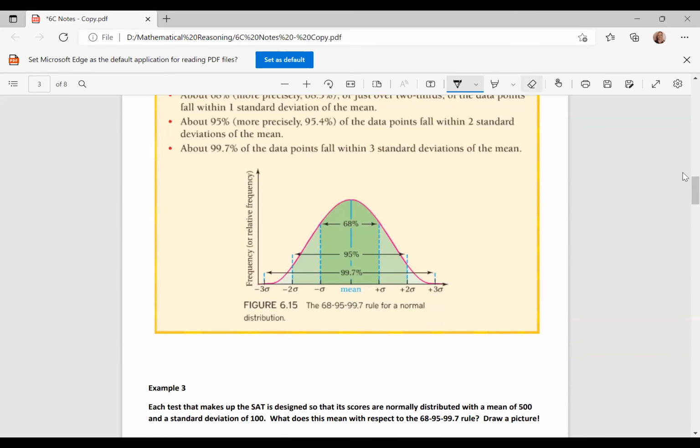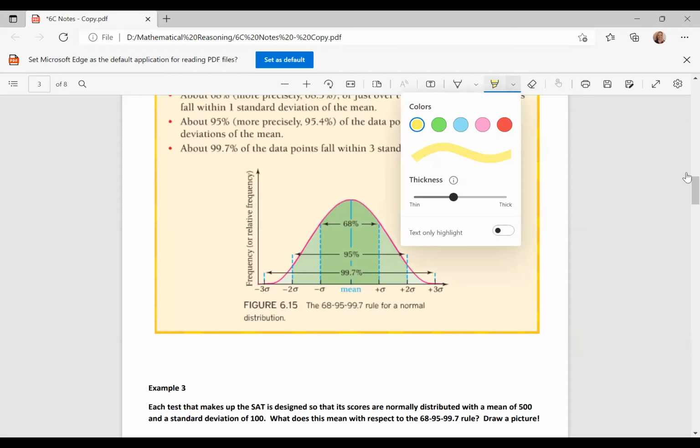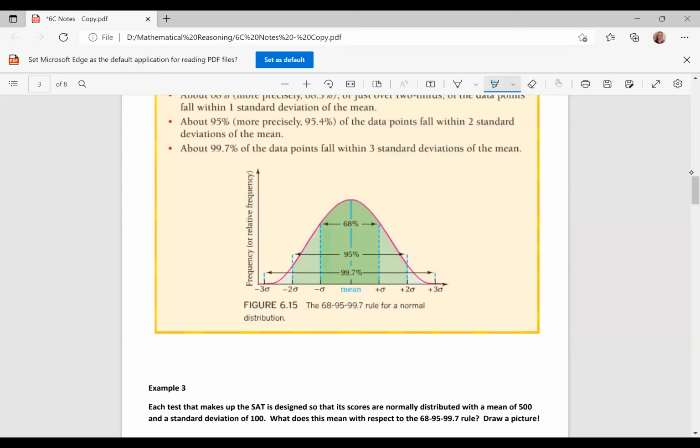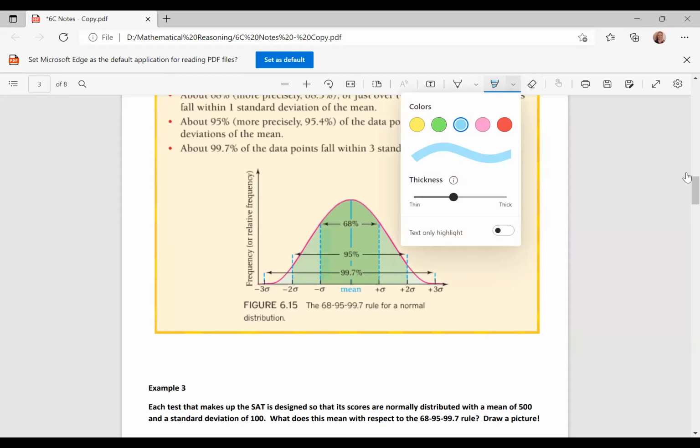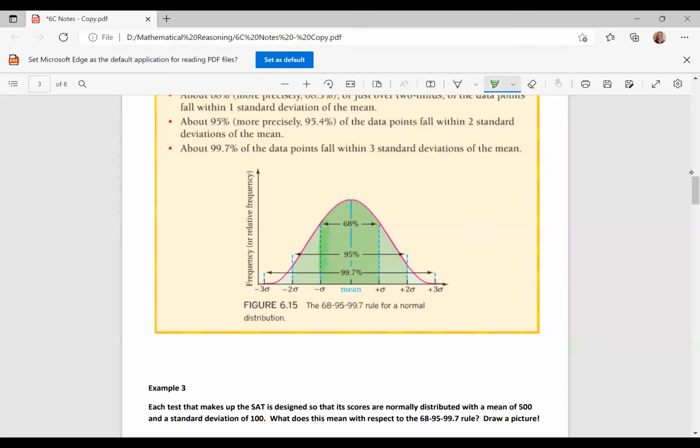On our chart, I'm going to use my highlighter here. This darker green section right here in the middle, here's my mean. You can see that the mean is right here in the middle.